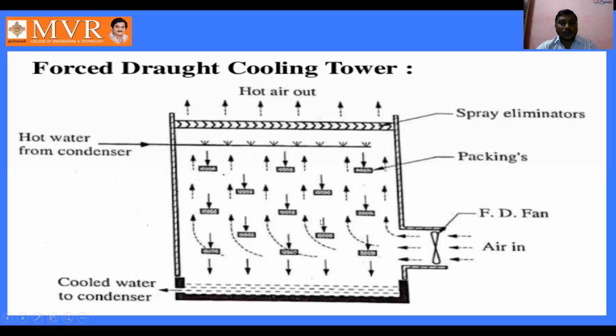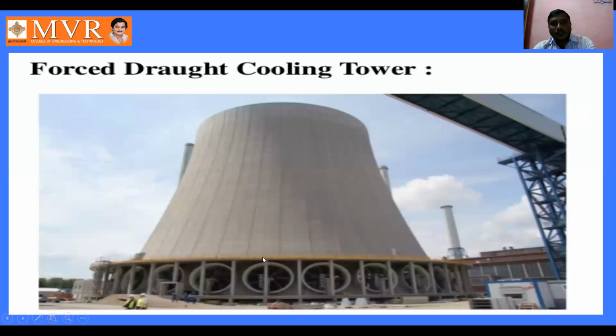When the air is moving upward, due to the convection process, the heat in the feed water is collected by this air, and this air is released into the atmosphere. The remaining water is collected in the collecting tank and sent to the condenser again for recirculation purpose. This is the forced draft cooling tower.